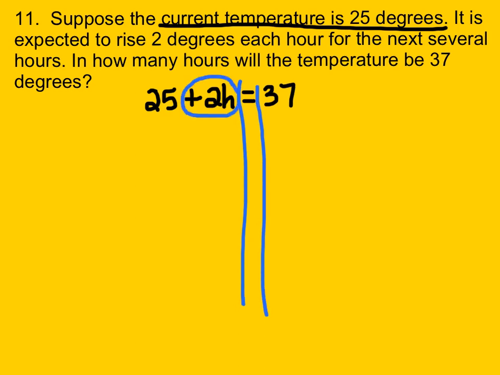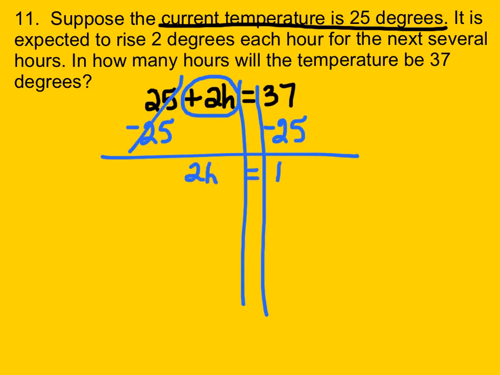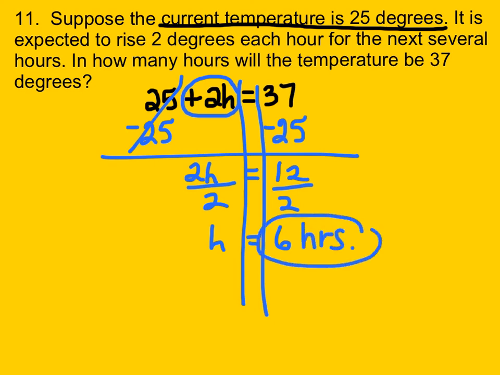So first we're going to get rid of the 25. So we have 2h is equal to 12, and then divide by 2. So h is equal to 6. So in how many hours will the temperature be 37 degrees? 6 hours.